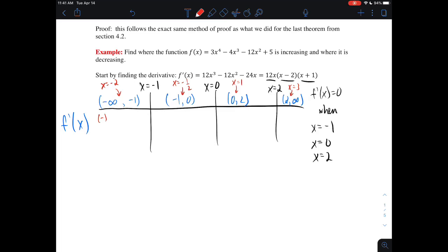If I plug in negative 2 to the second factor, negative 2 minus 2 is negative 4, so that's another negative. And for x plus 1, negative 2 plus 1 would be negative 1. That's another negative. A negative times a negative times a negative is a negative. So that means that f prime of x is negative, or less than 0. This then tells me that my function, f of x, is decreasing.